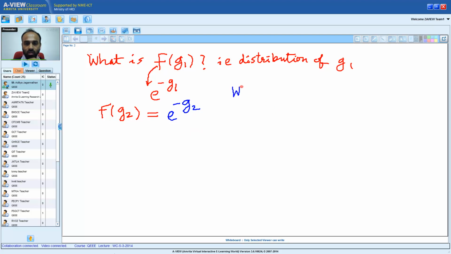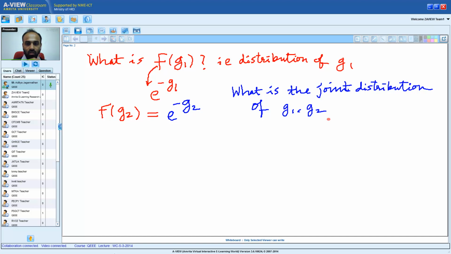Now my question is, what is the joint distribution of G1, G2?